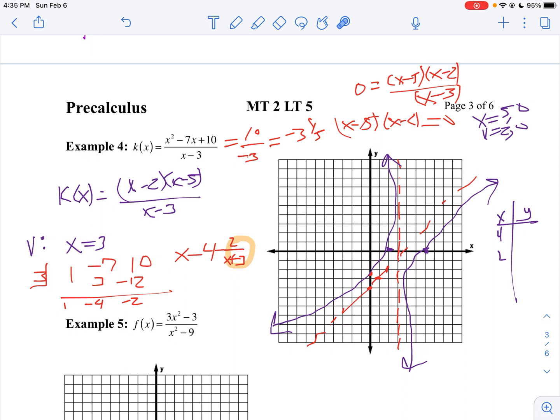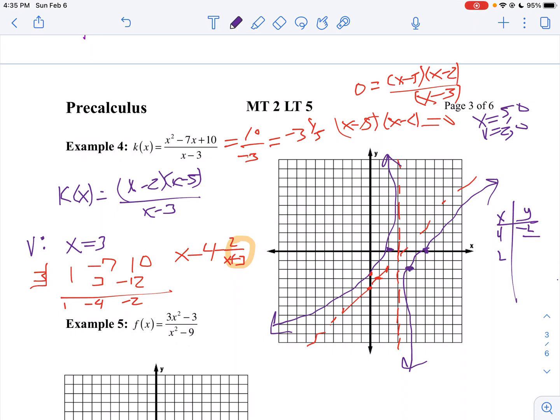So 16 minus 28, and then I add 10, I'm going to get negative 2, and then all over 4 minus 3, which is 1. So I'm at 4 and negative 2, and that point's pretty much where I guessed it was going to be.